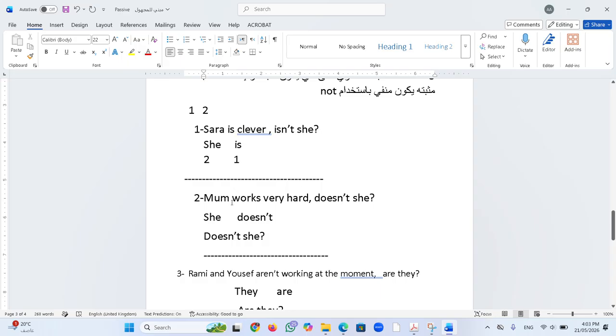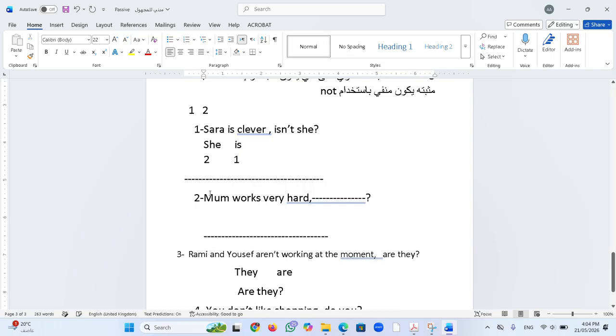Okay, mom works very hard. How to answer this sentence? Look here. Mom is number 1. Okay, works is number 2. How to change it? Mom takes the pronoun she. Works takes the pronoun does.